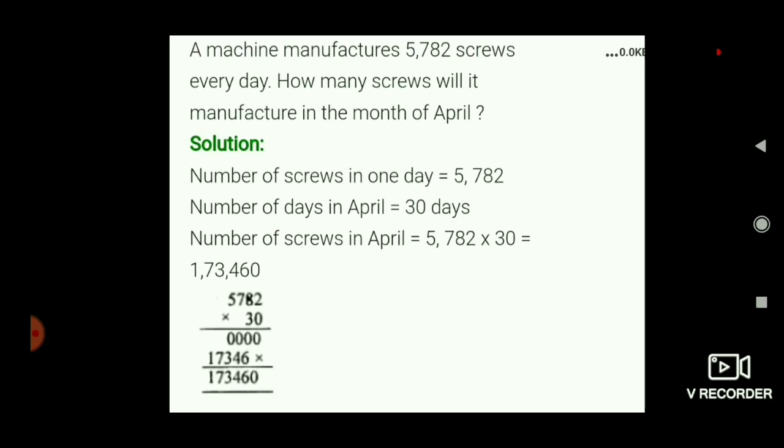Since number of screws per day, that is in one day, is equals to 5,782, and we know that the month of April has 30 days, so number of days in April is equals to 30 days, and the number of screws manufactured by the machine in the month of April is equals to 5,782 multiplied by 30, that is equals to 1,73,460, which is the required answer.